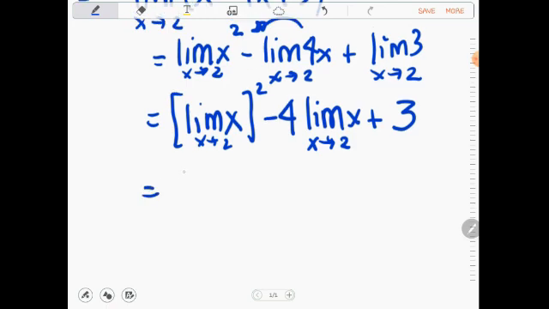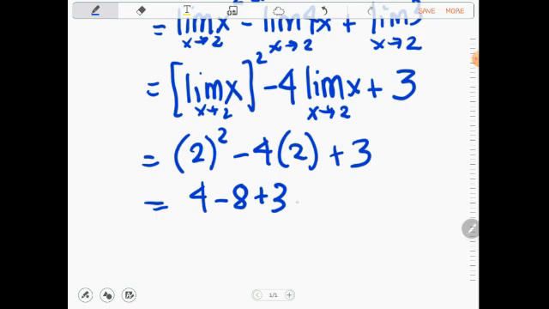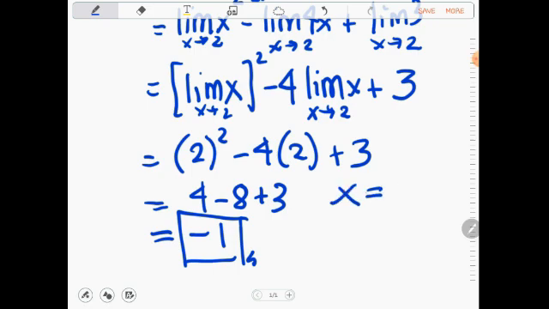Okay? So this would be equals to 2 raised to 2 minus 4 times 2 plus 3. And this should equal 4 minus 8 plus 3. And that is equals to negative 1. Okay? So if you try the value of x approaches to 2, as 2 yung value of x, ito yung lalabas.